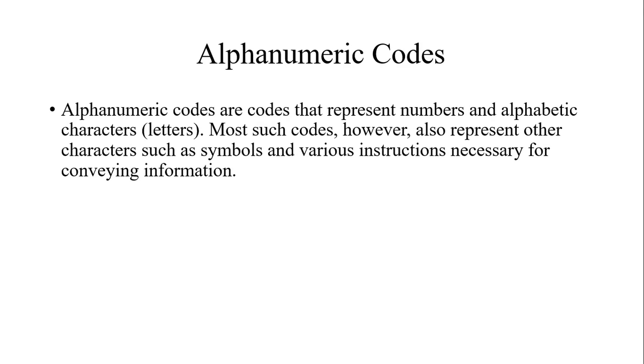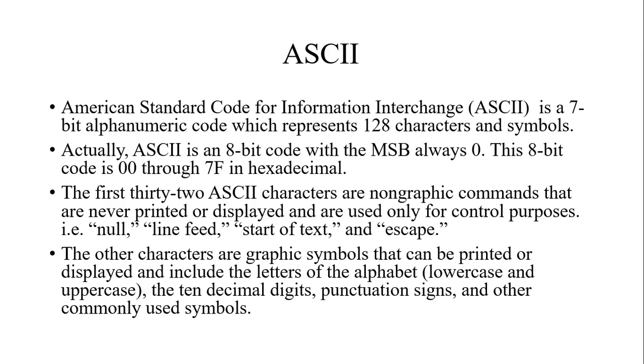Alphanumeric codes. Alphanumeric codes are codes that represent numbers and alphabetic characters. Most such codes, however, also represent other characters such as symbols and various instructions necessary for conveying information. ASCII, American Standard Code for Information Interchange. So keep in mind we have two versions of ASCII.